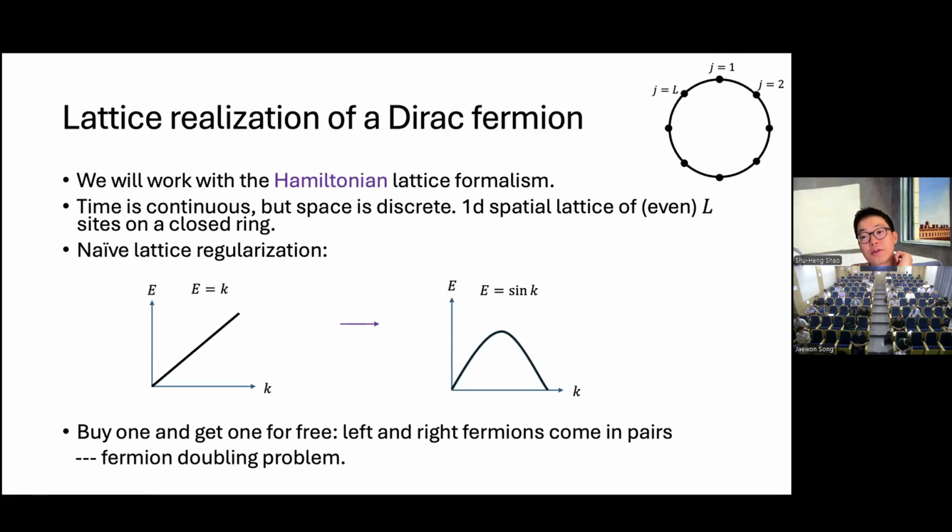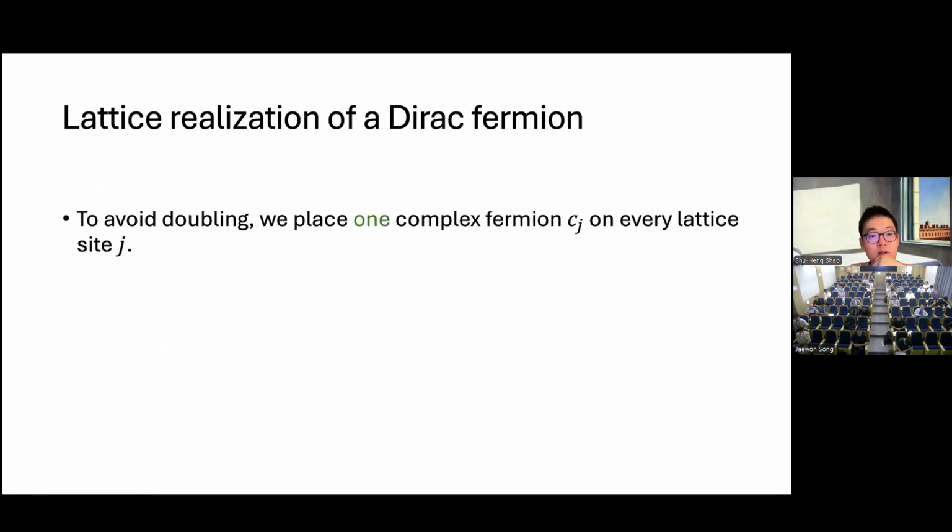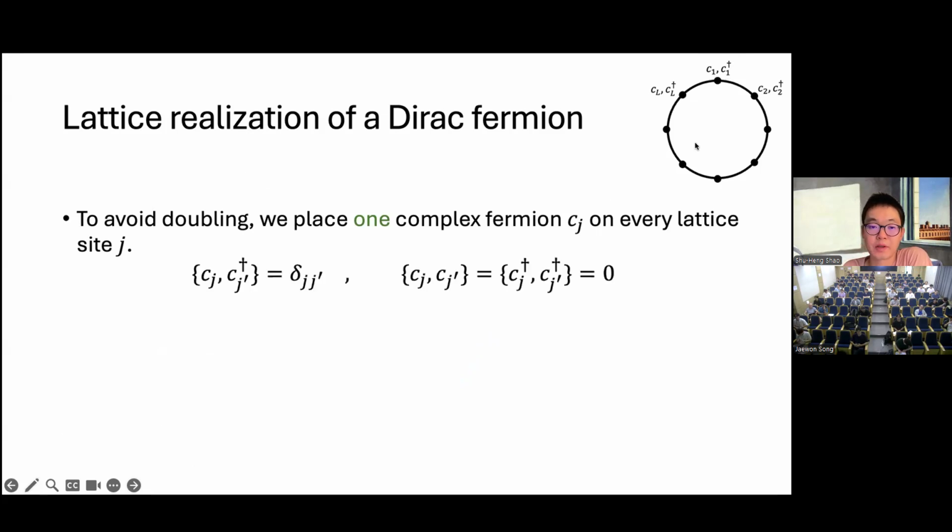And that's twice as much as you desire. In 1 plus 1D, there's a simple resolution to this fermion doubling problem. You simply place one complex fermion on every lattice site instead of two. So I'm going to denote this complex fermion per site by c_j. Okay, so at every site you have c_j and c_j dagger, and they obey the standard anti-commutation relation.